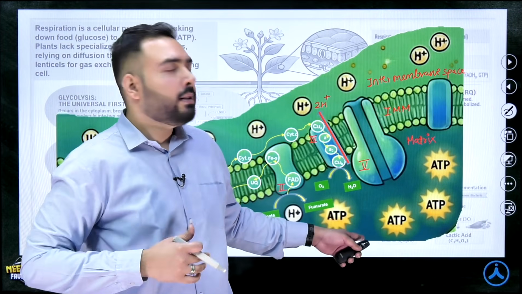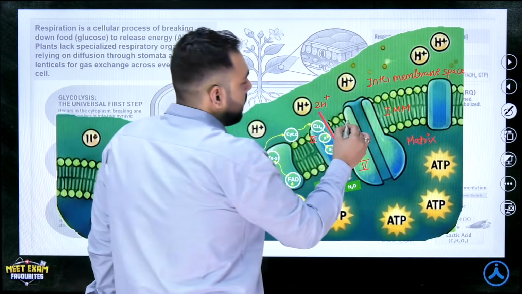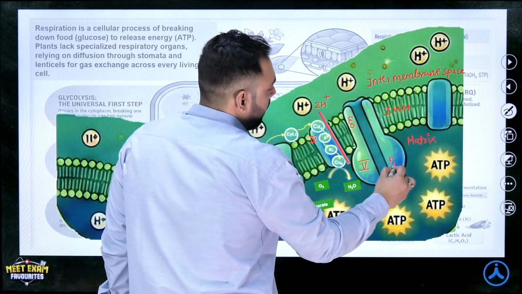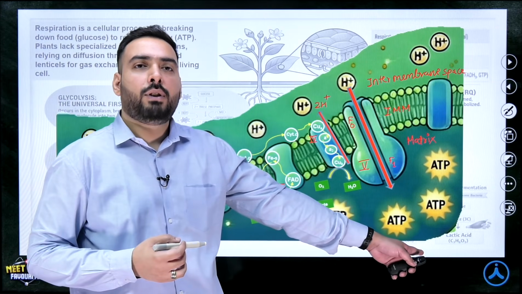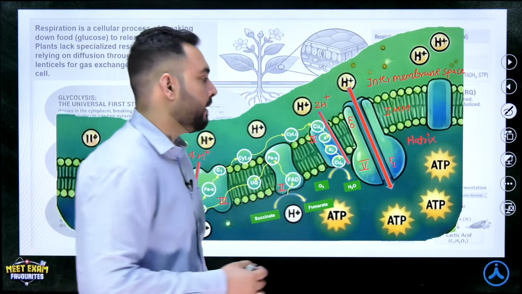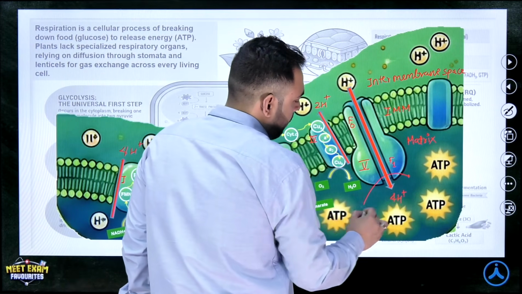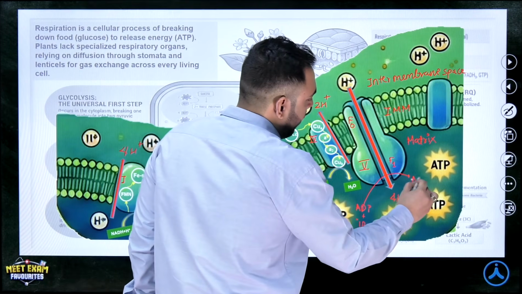This is then used by complex number 5, which has 2 components, F0 and F1. F0 is a transmembrane channel protein through which the protons travel back across the membrane into the matrix, and 4 protons are enough to provide energy for ADP and inorganic phosphate to be converted into ATP.